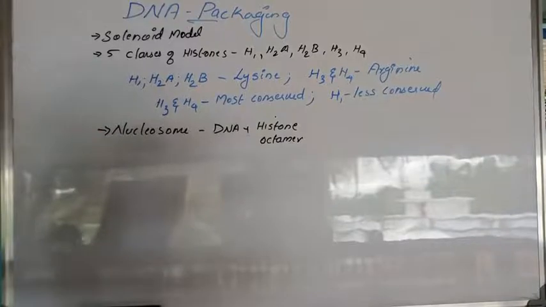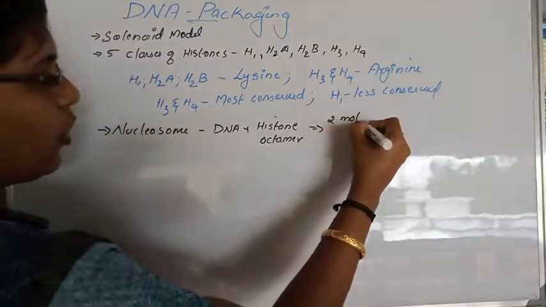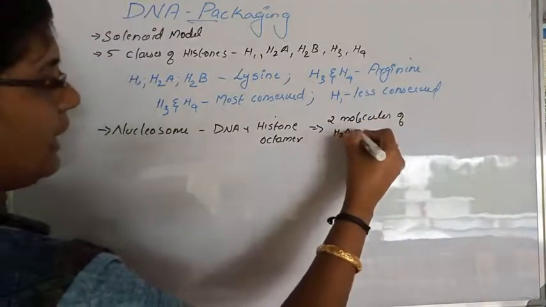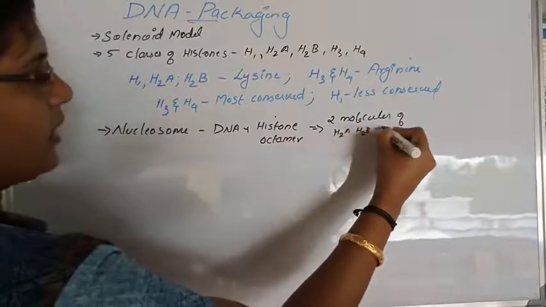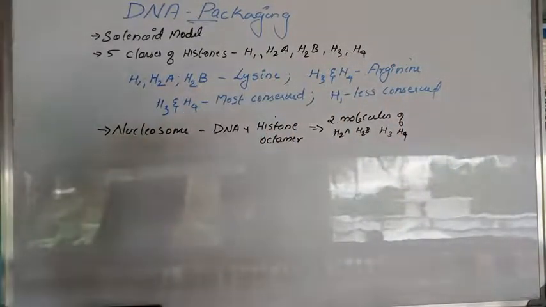The histone octamer has 2 molecules each of H2A, H2B, H3, and H4. DNA takes 1.8 left-handed turns around the octamer.